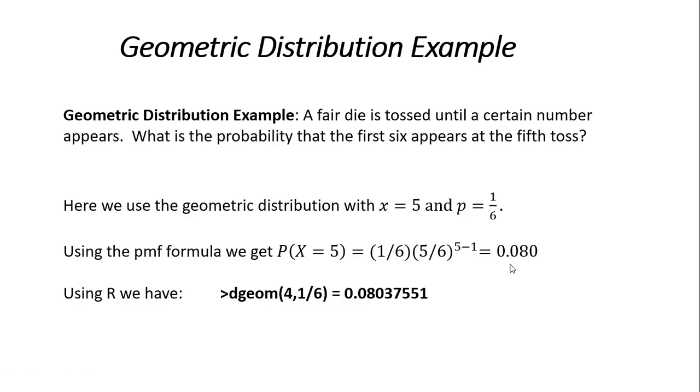And we could also solve this using R. Here we use d because we have an exact probability. So dgeom(4, 1/6), and this would work out to be 0.080375551. So we match this. That's how we could work with a geometric distribution.